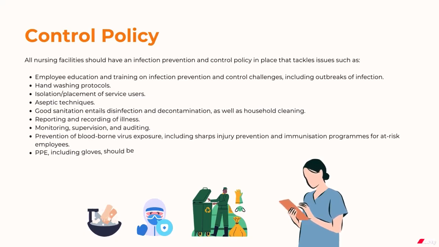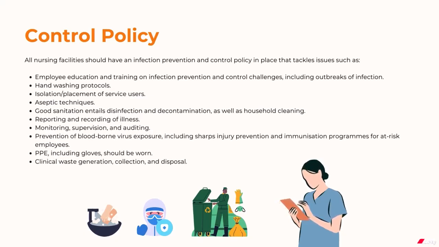All nursing facilities should have an infection prevention and control policy in place that tackles issues such as employee education and training on infection prevention and control challenges, including outbreaks of infection, hand washing protocols, isolation or placement of service users, aseptic techniques.